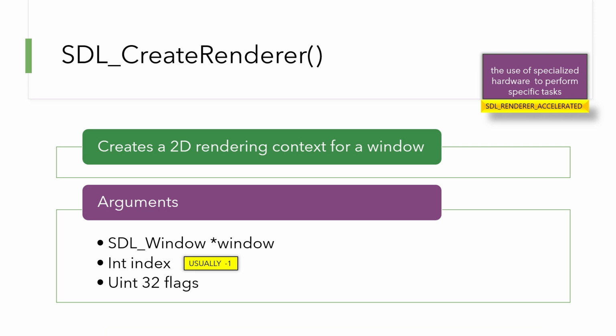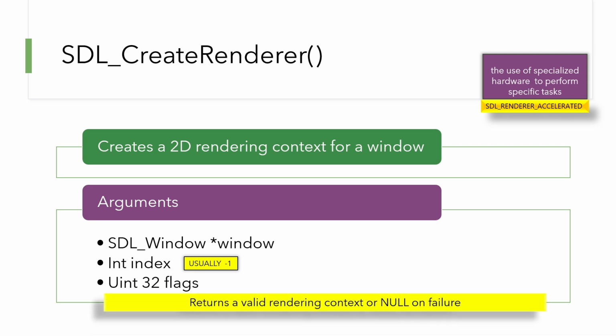Now, SDLCreateRenderer will return a valid rendering context on success or a null if it fails. And again, you see those terms, rendering context, right? So this essentially is nothing but the structure we just spoke about, the SDLRenderer type structure.